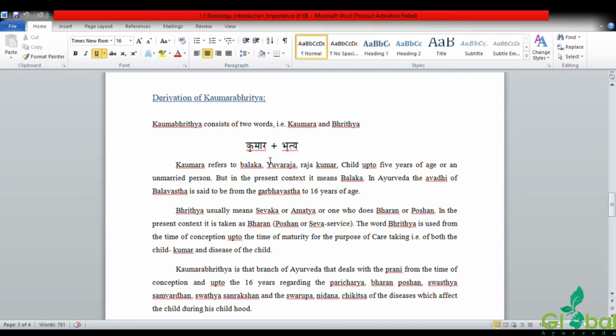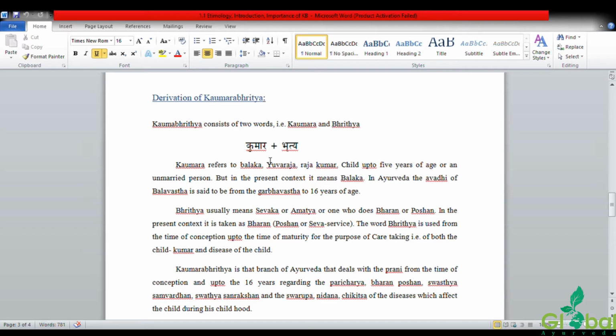So if we combine both the words, Kaumarbhritya is that branch of Ayurveda that deals with the prani from the time of conception up to 16 years of age regarding the Paricharya. Paricharya is the routine: Bharana, Poshana, Swasthya Samvardhana. Bharana Poshana is taking care and giving nourishment.